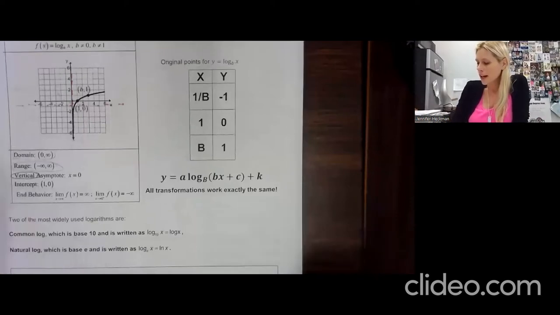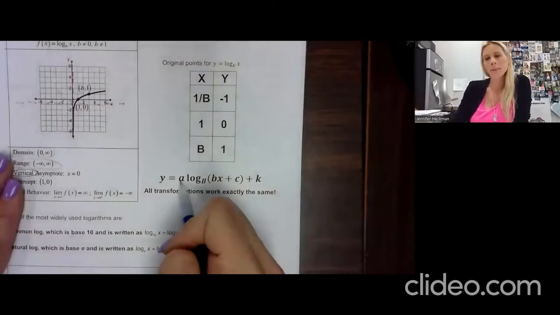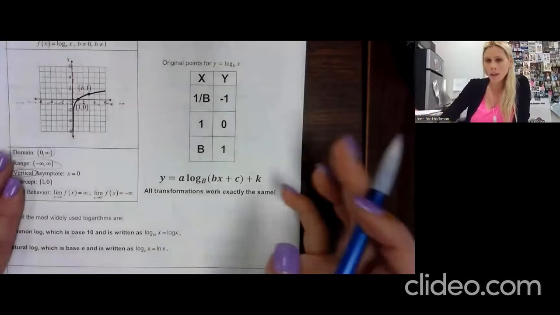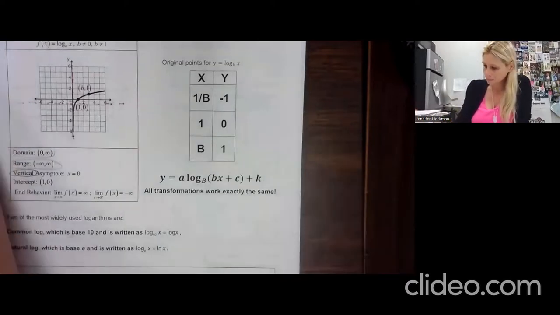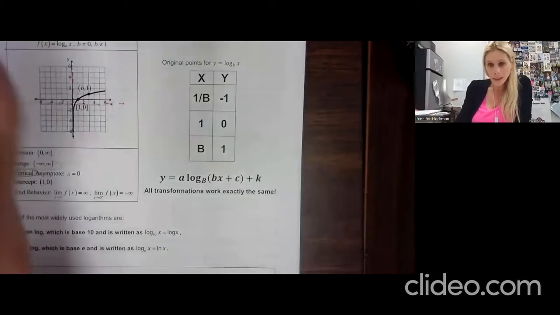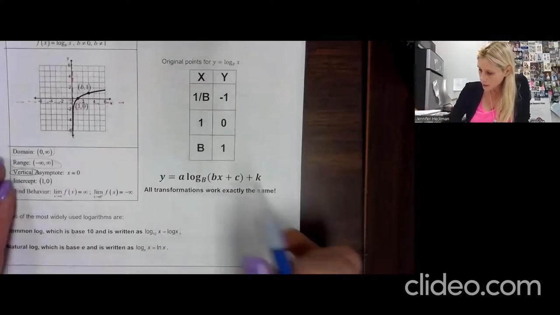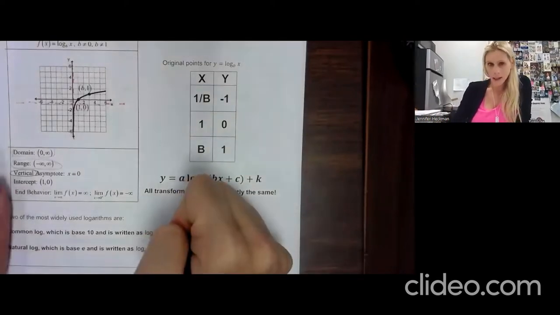Okay, so there's our A, our B, our C, and our K are up and down, left and right, flipping this and that. But one thing I want you to keep in mind that was very important, that this base right here, if you see log, and then let's say we see X right here.